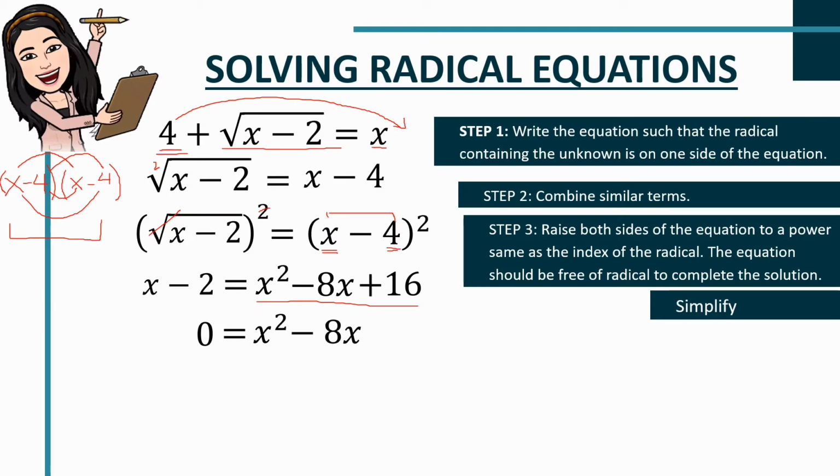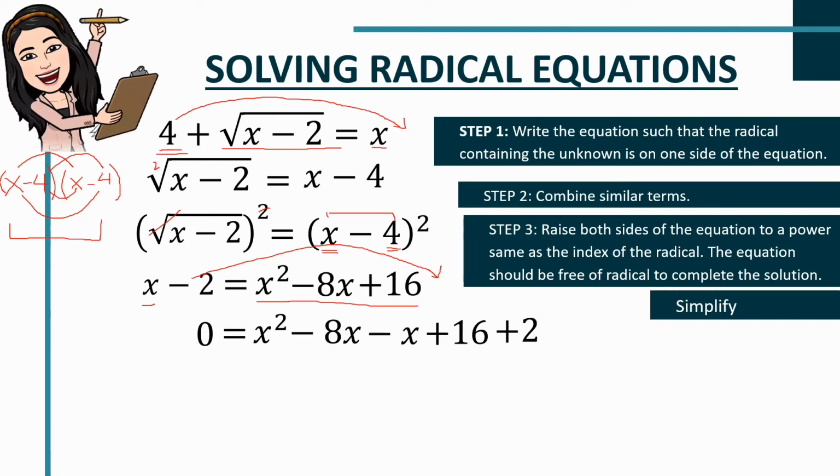So, we have negative 8x, kinopya lamang din. Meron pa bang similar term with negative 8x? Yes po, and that is x. So, since ang x ay nasa kabilang side, kapag tinranspose natin dito sa right side, that will become negative x. Okay? And then, positive 16, kopyahin. And then, how about the other constant? Negative 2. Pag tinranspose natin si negative 2 to the other side, that will become, okay, positive 2.